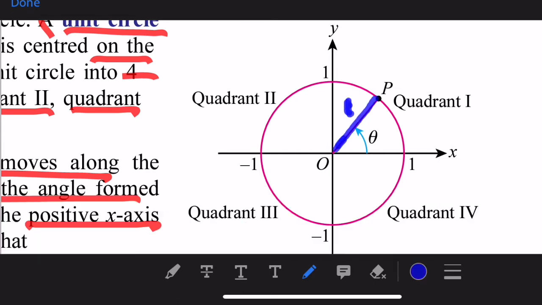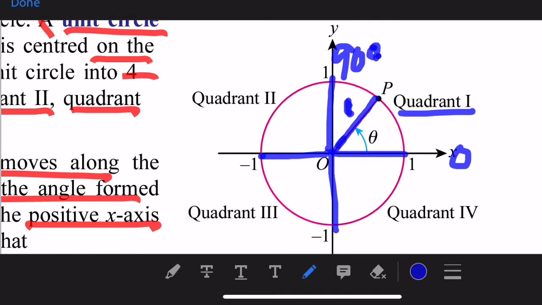Here is 1. The length of the radius is 1 unit. So that means here also 1 unit. All the radii should be the same. So this is 1, this is 1, this is 1 and this is 1. All the radii have the same unit. So from 0 to 90 degrees, this is quadrant 1. 90 to 180, this is quadrant 2.